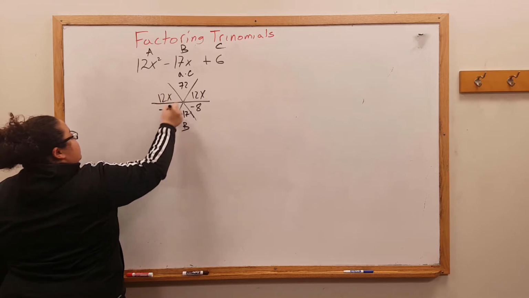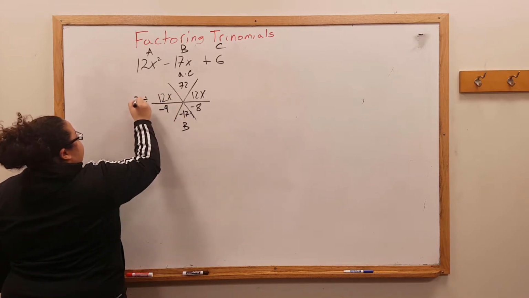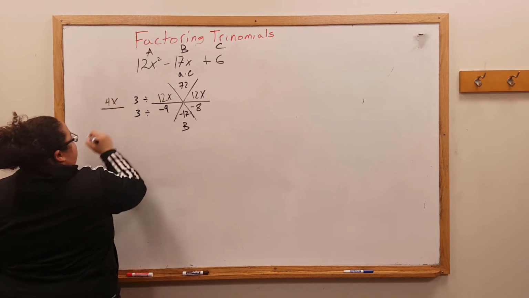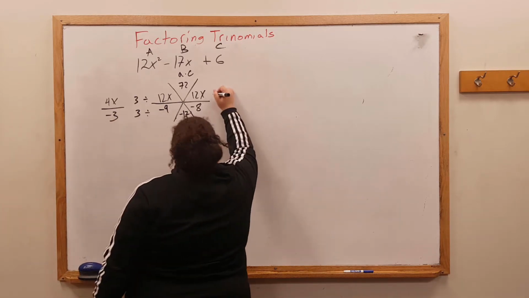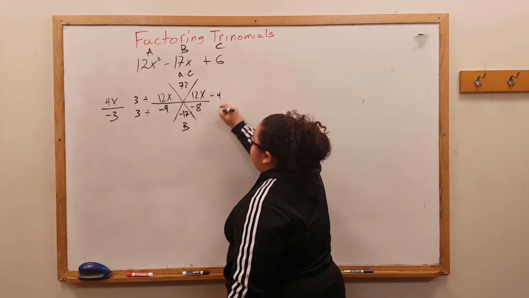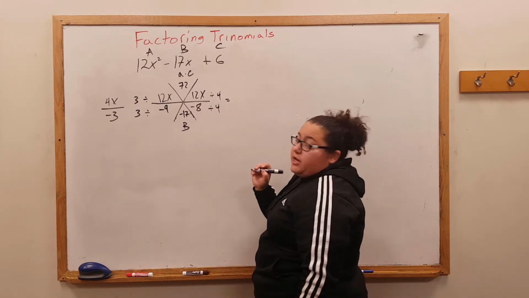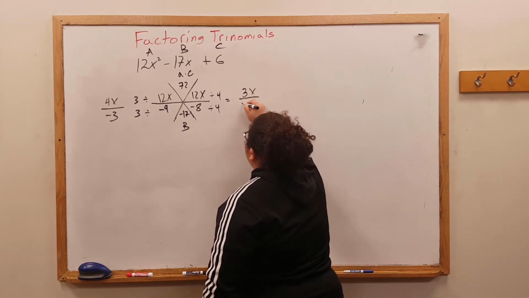We're going to take this side and divide it by 3, which gives you 4x over negative 3. And on this side, we're going to divide it by 4, which gives you 3x over negative 2.